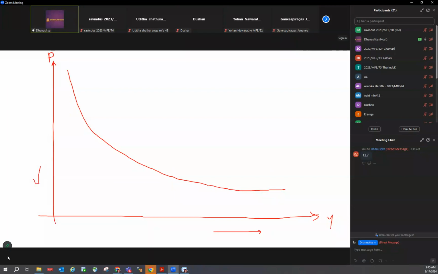When interest rates go up, prices come down. Similarly, when interest rates come down, price goes up.